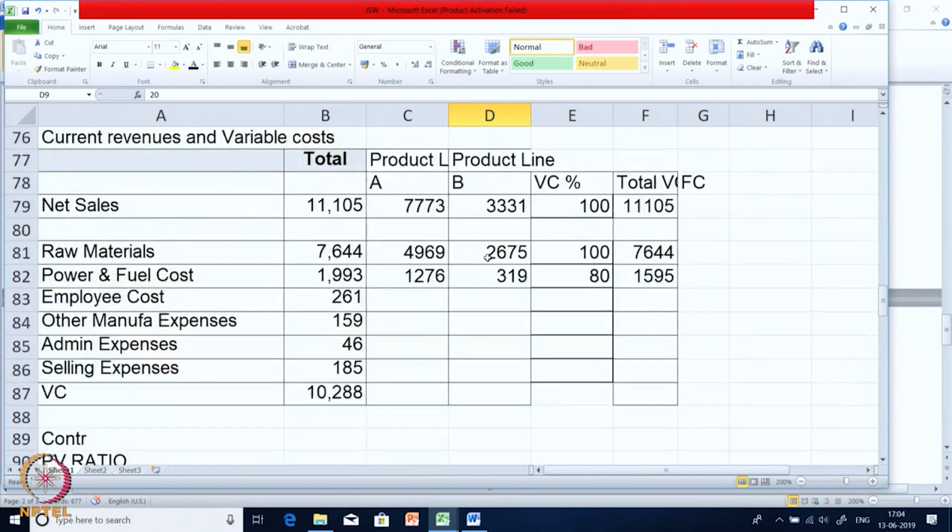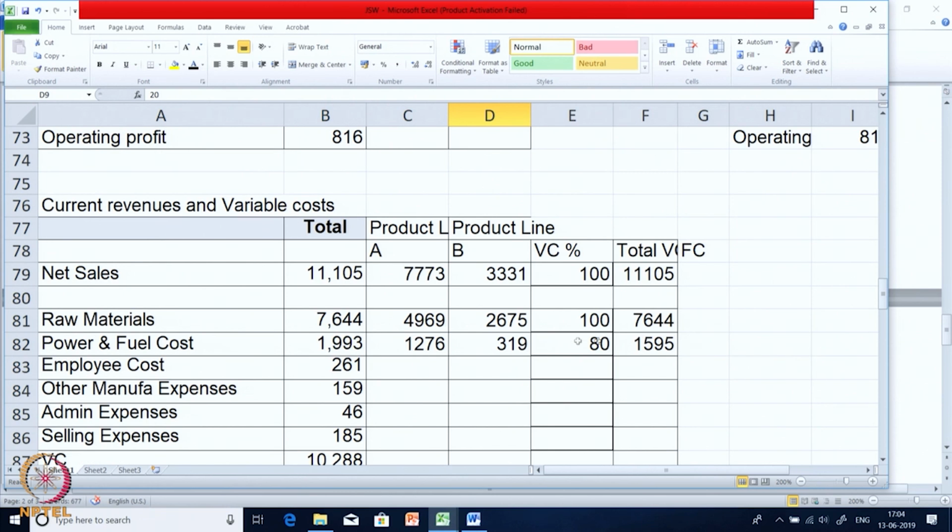Getting it? So what we have done is, first we calculated the variable component, and then 80% of that was the variable power cost. The remaining is fixed. So in sales nothing is fixed, in raw material nothing is fixed, but for power and fuel 399 is fixed. Getting it?